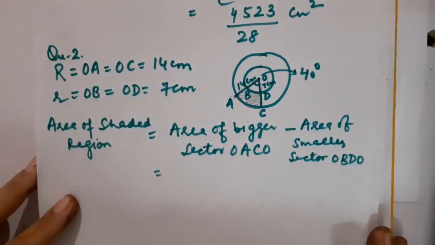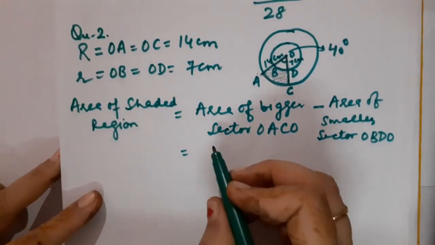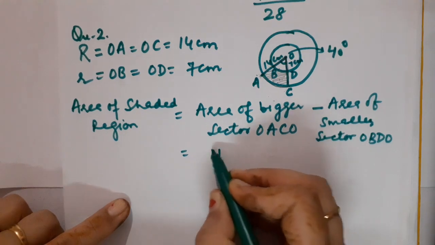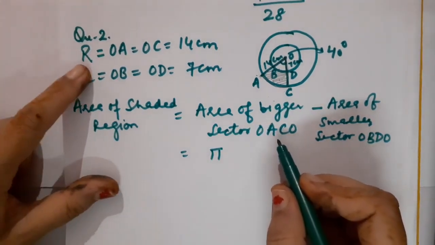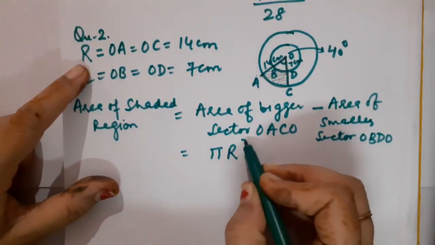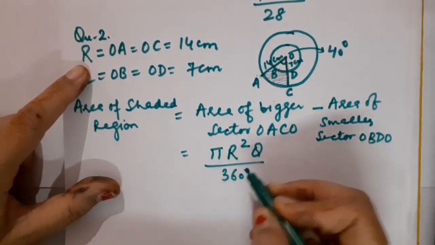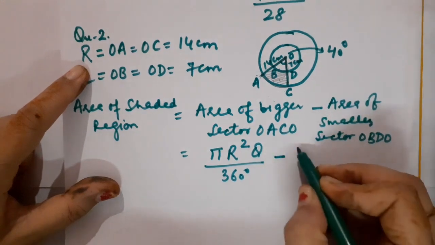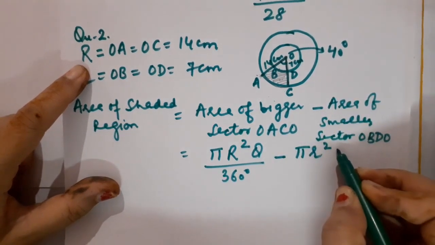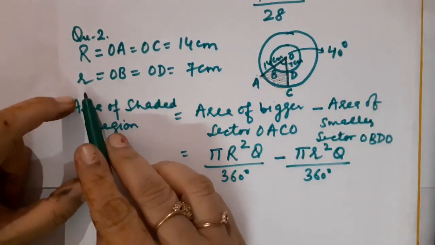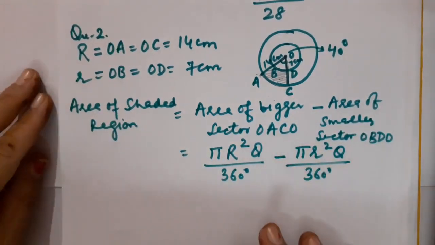Correct? So let us apply the formula. Area of sector is pi r square theta upon 360 degree. Which r do I have to take now? This r, capital R. Pi R square theta upon 360 degree, theta is the same for both, minus pi small r square theta upon 360 degree. Why small r? Because the radius of the smaller circle is small r.